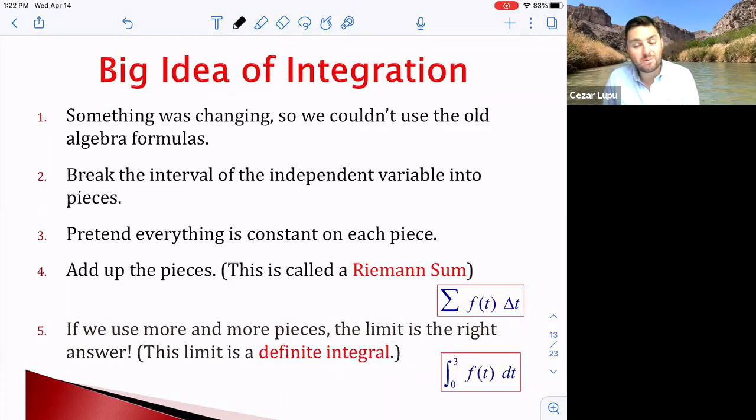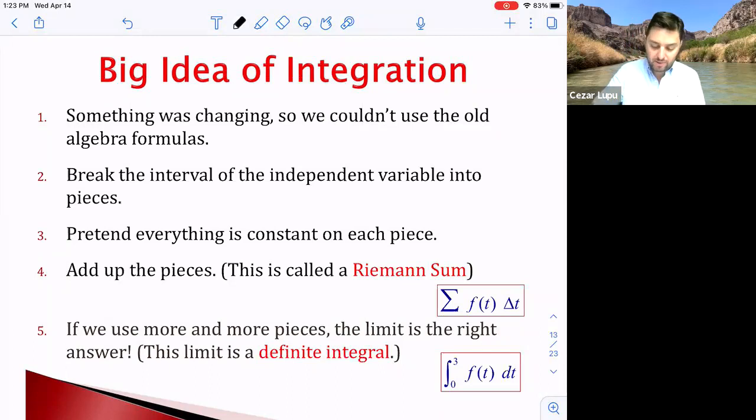And then we pretended everything is constant on each piece, and then we added up the pieces. That's what is called the Riemann sum, and I didn't tell you. So that's what we did.